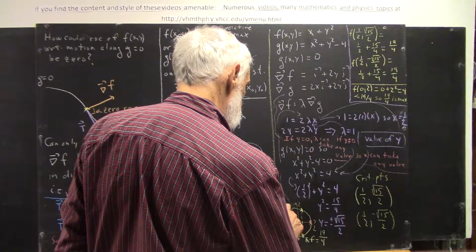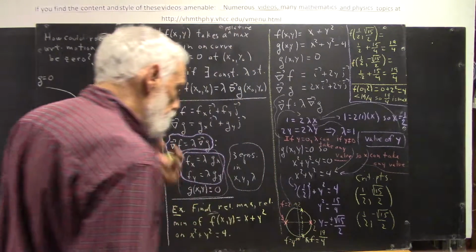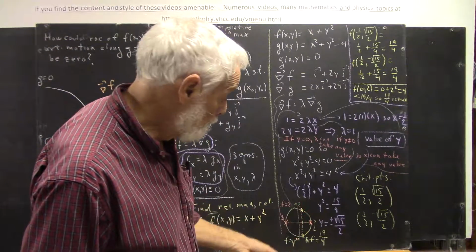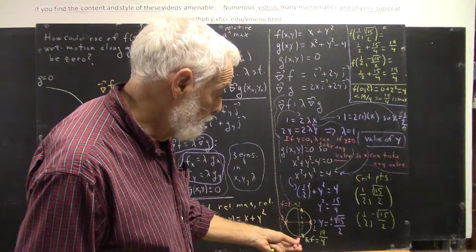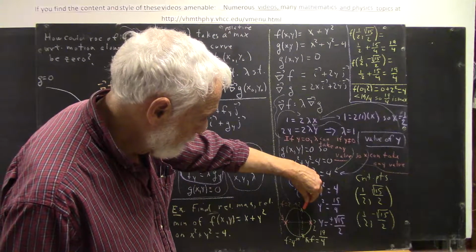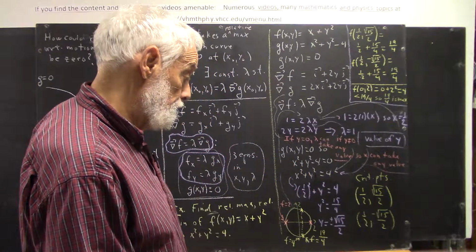And we have the same value here as we have here because of the y symmetry, same value here as we have here. So again, f is 19/4 here, I don't have room to write it, 4, 2. Now we have a picture.